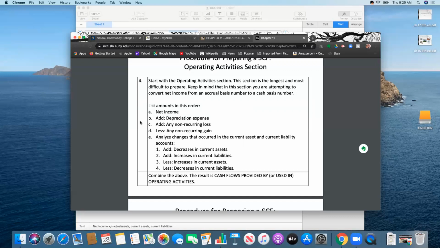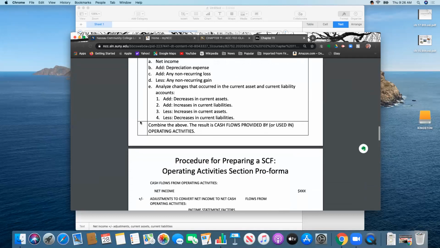Add all those numbers together. And if you wind up with a positive number, you're going to call it cash flow provided by operating activities. If it's a negative number, you'll call it cash flow used in operating activities. So that's operating activities. That's usually the toughest part.